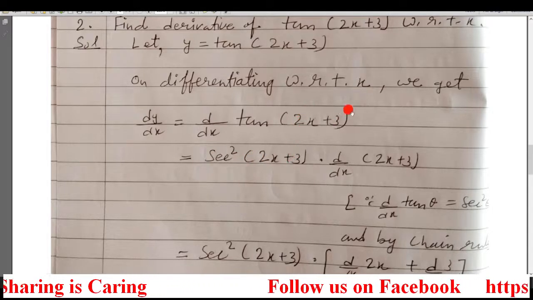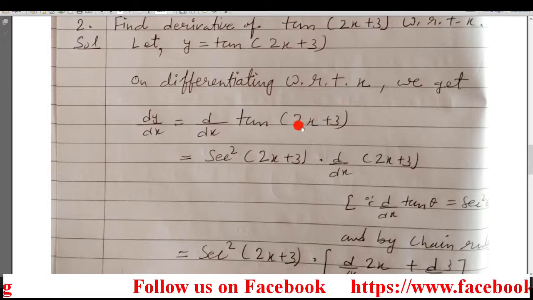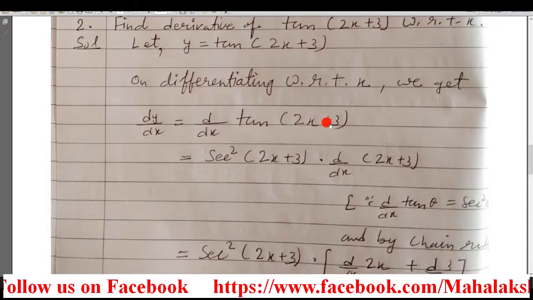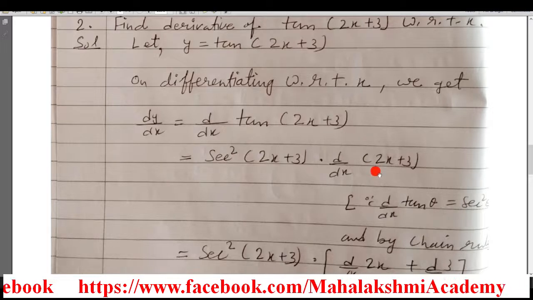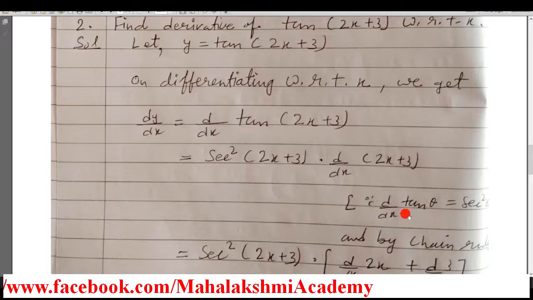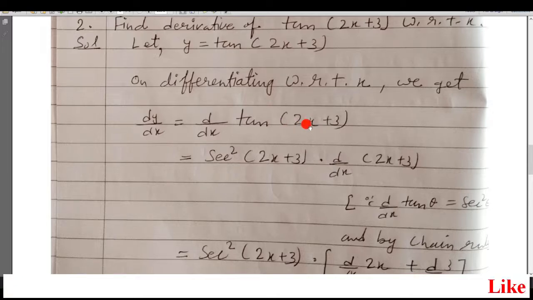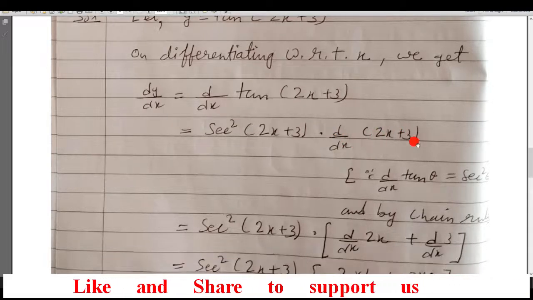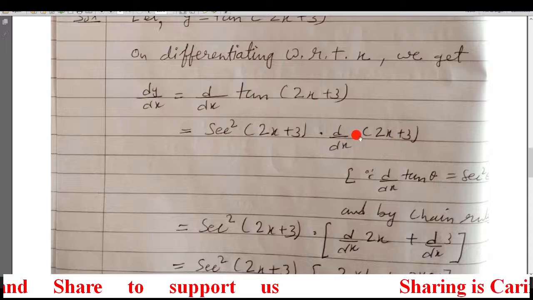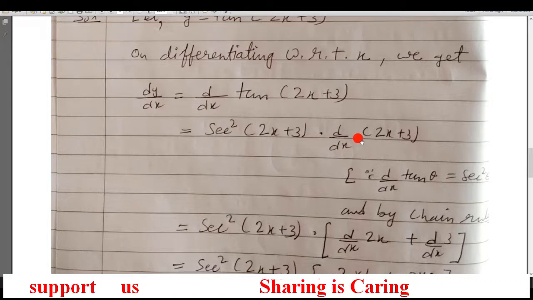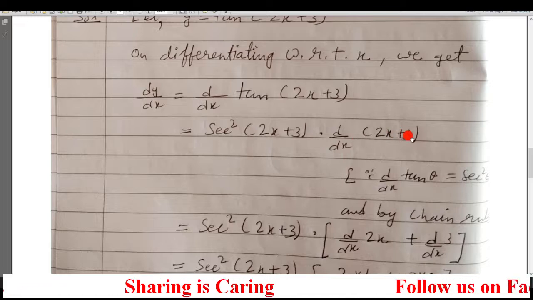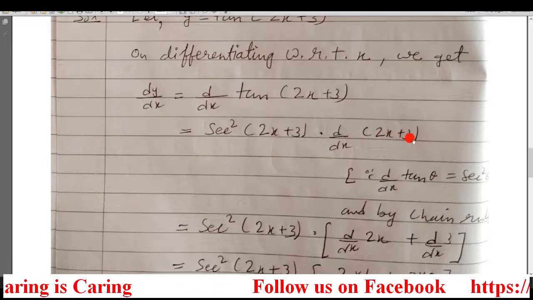Then since it's not only x, here x should come, but it's not x, so we have to differentiate it again by using the chain rule. I wrote here the formula of tan theta, that is sec square theta, so sec square 2x plus 3. Then since it's not only x, it's 2x plus 3, that's why we have to use the chain rule. Now the differentiation of this: when you use the formula of u plus v, you have to differentiate both the functions.